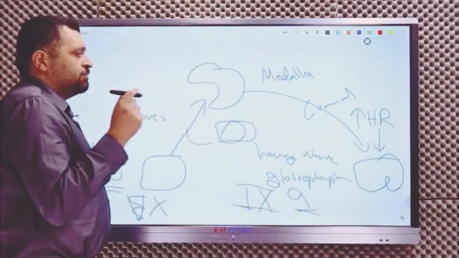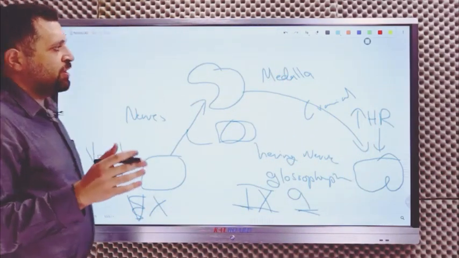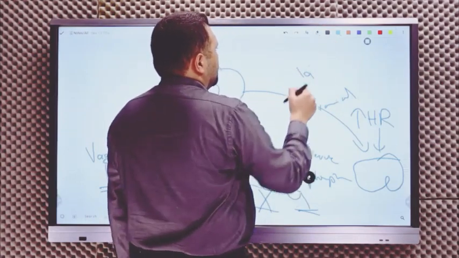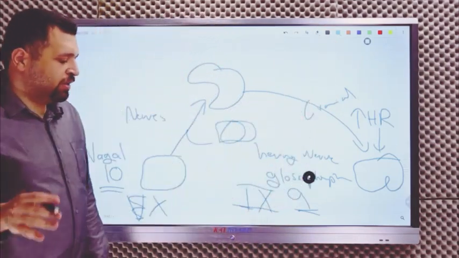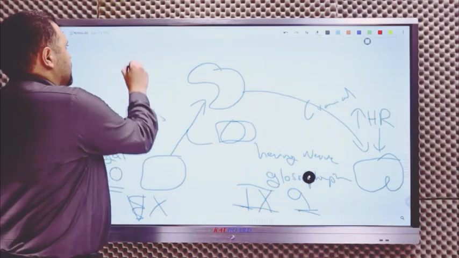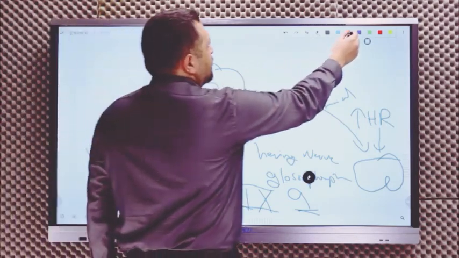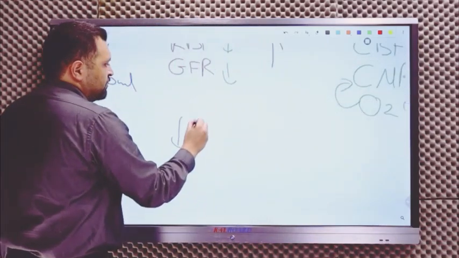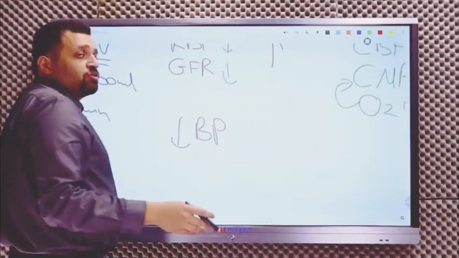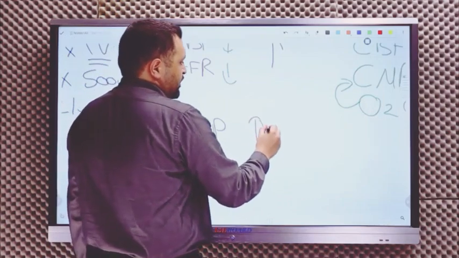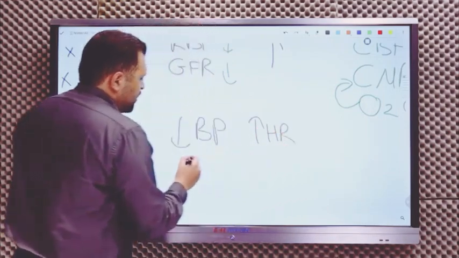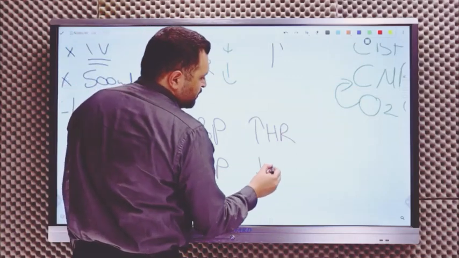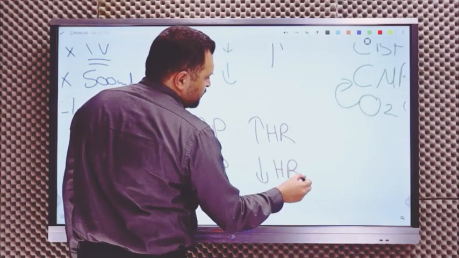So what I am saying is that if you have low blood pressure, the baroreceptors will try to increase the heart rate. But if you have high blood pressure, the baroreceptors will try to decrease your heart rate.